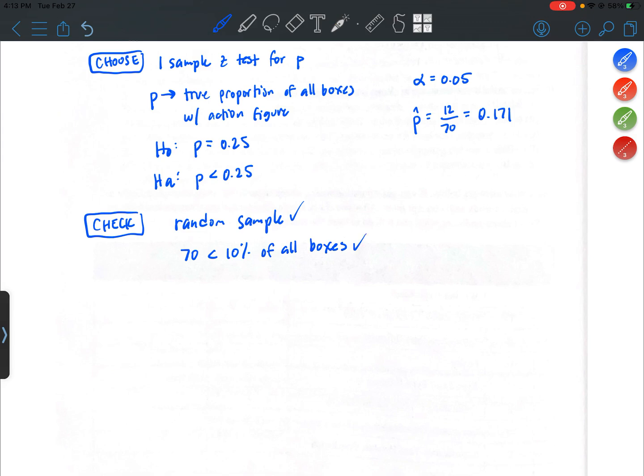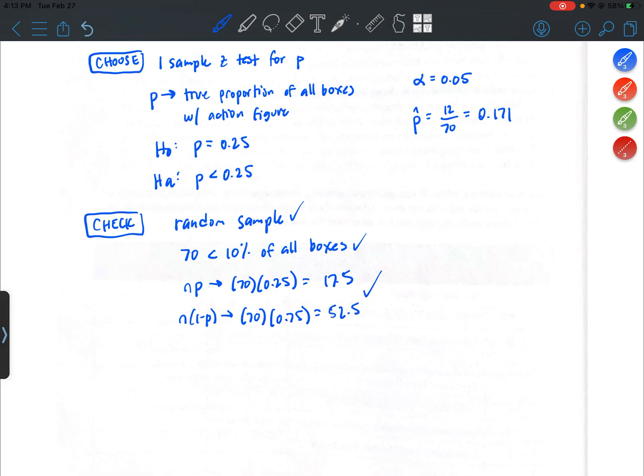Finally, the large counts condition. n times p would be 70 times 0.25, and n times 1 minus p is 70 times 0.75. Hopefully both of those products come out to at least 10. So 17.5 for that one, and 52.5 for that.